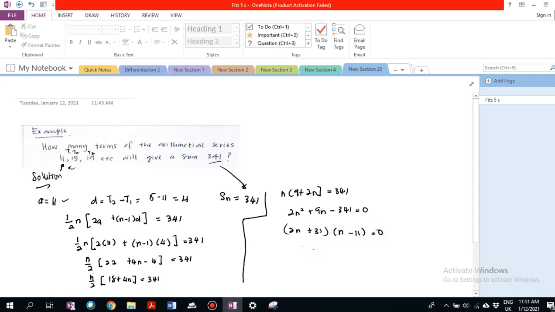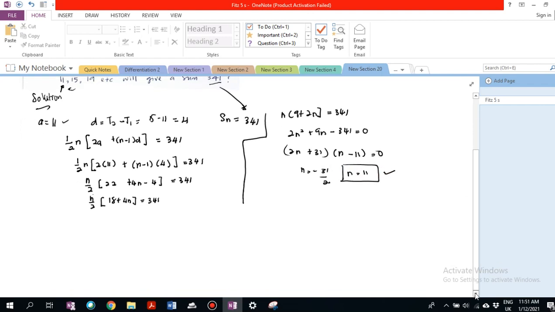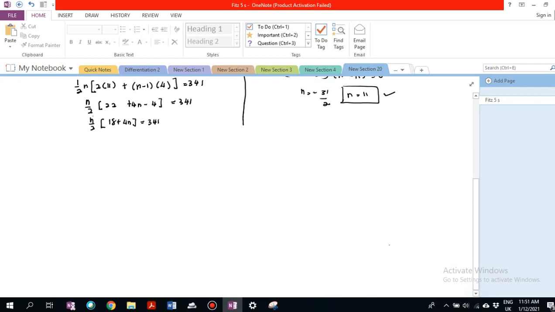So finally you will get n equal to negative 31 over 2, or n equal to 11. In this case we take the positive value, so n is 11. This is one example of how to calculate an arithmetic series.